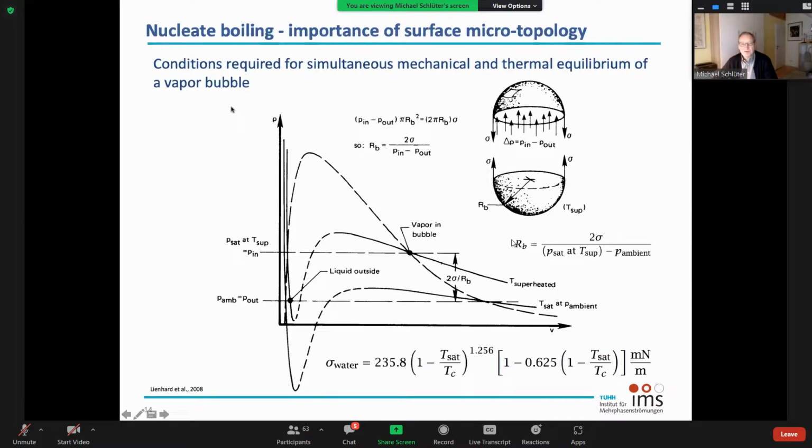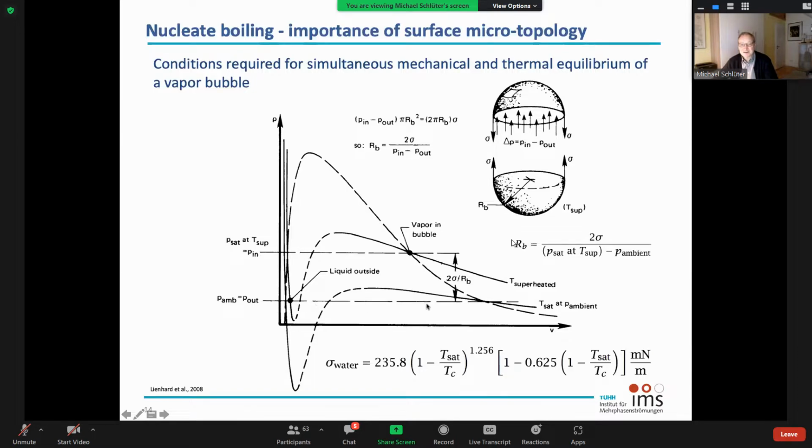So now we can have a look at how this boiling process works, and for that we have this graphic here. This is the specific volume, and this is the pressure, and this shows us that we get certain sizes of bubbles if we overcome a certain pressure. Here we have the superheat temperature.